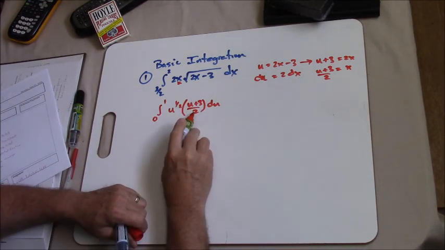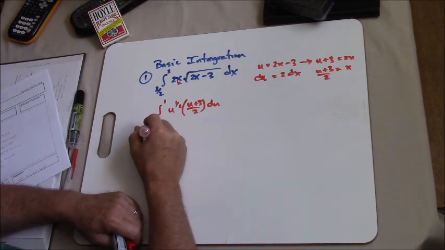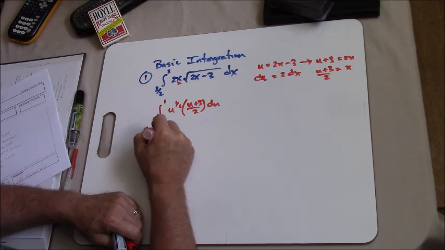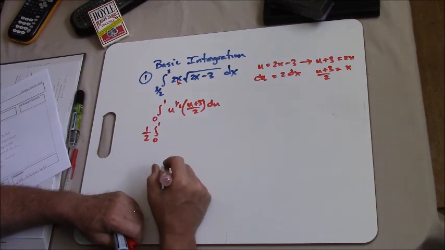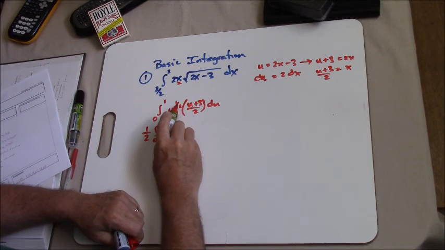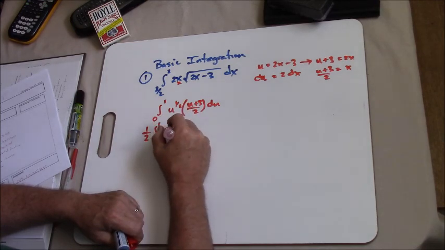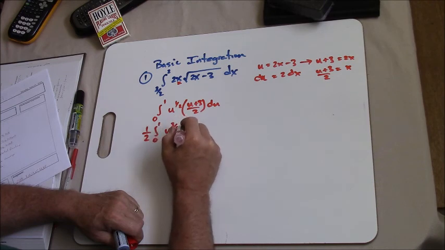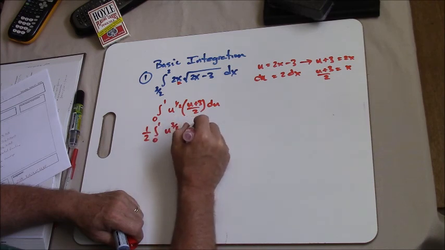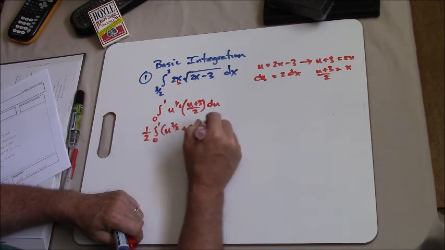And so I'll go ahead and move that 2 to the outside. So I've got 1/2 times the integral from 0 to 1. I'll distribute this u to the 1/2 to the numerator here, so I get u to the 3/2 plus 3u to the 1/2 du.